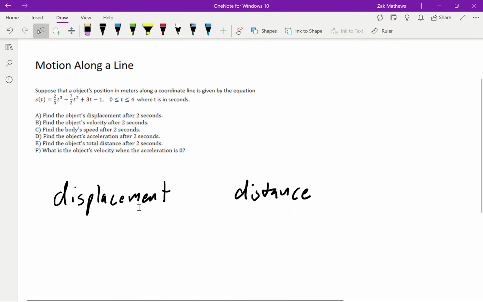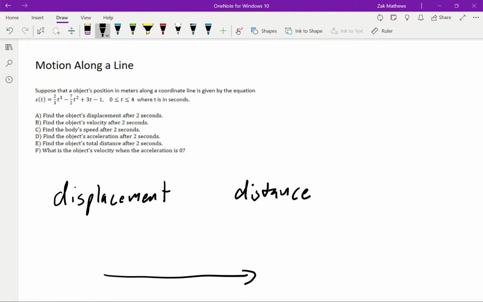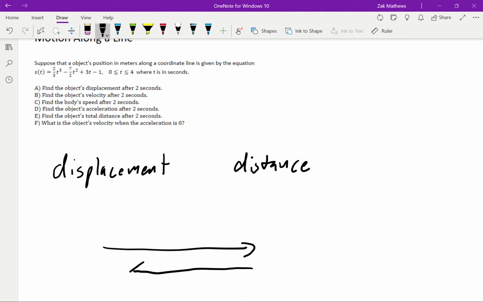The displacement, all it cares about is where we start compared to where we end up. So if we take some turns, say we come down this direction, and then we turn back like this, I'll call this point A, point B, and we come back up this direction a little bit, to get to point C. The displacement is talking about from point A to point C, this red distance right in here.